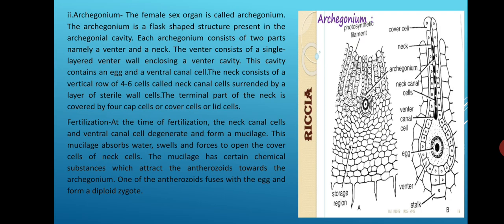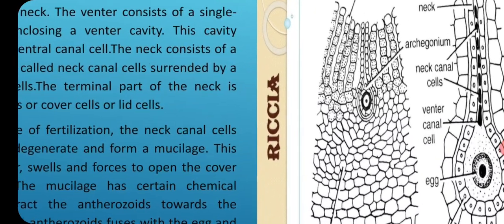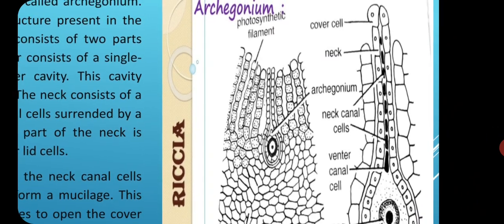This cavity contains an egg and a ventral canal cell. The neck consists of a vertical row of 4 to 6 neck canal cells, surrounded by a layer of sterile wall cells. The terminal part of the neck is covered by 4 cap cells, cover cells or lid cells. See friends, this is the structure of the archegonium.